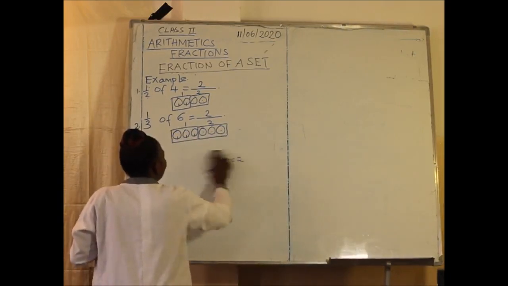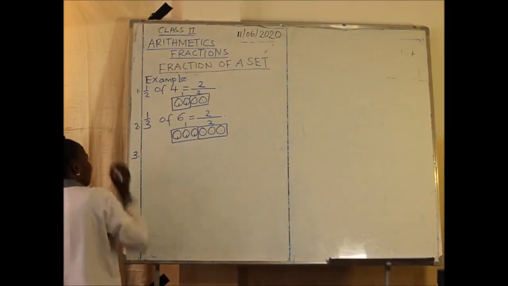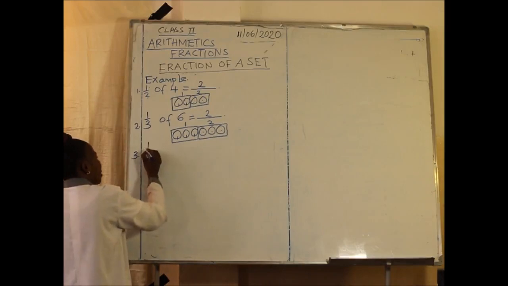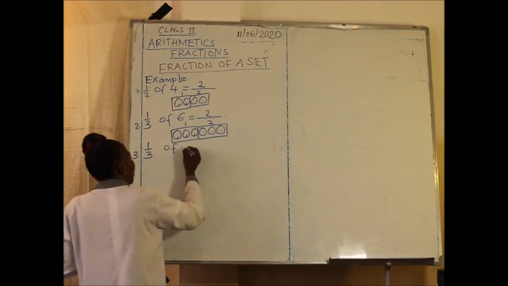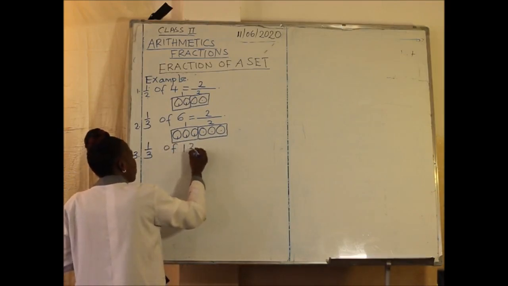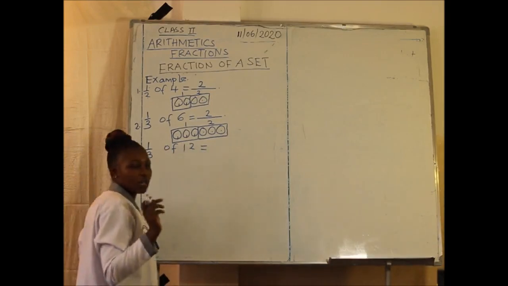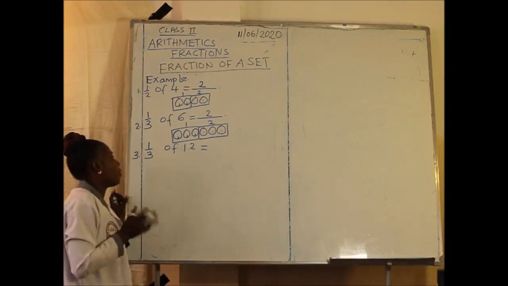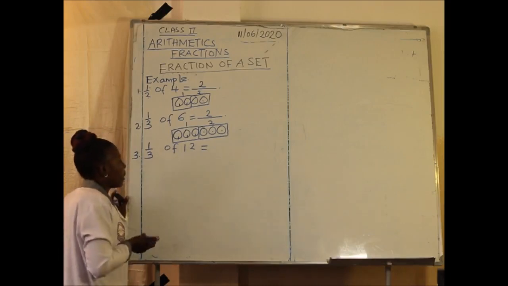Another example, that is example number 3. Again, someone might ask you, how many thirds do we have in maybe 12? Okay. 1 over 3 of 12, or 1/3 of 12.